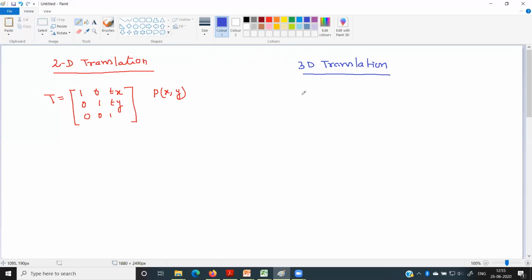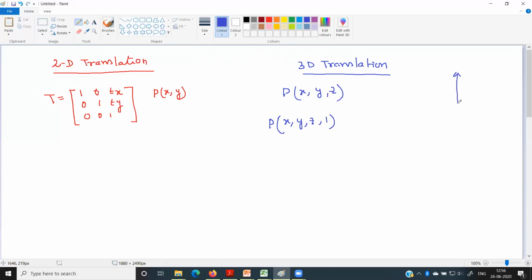in that case, I have the point P as X, Y, Z, and this point P is represented in the Cartesian coordinate system. Now, if I want to represent the same point P in the homogeneous coordinate system, it will be X, Y, Z along with the weight factor 1.